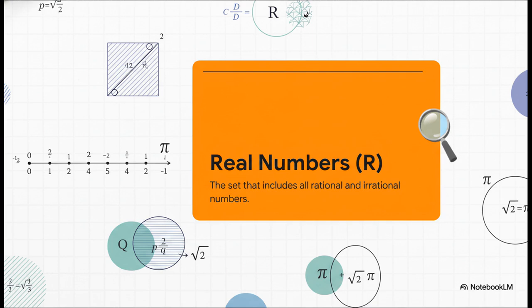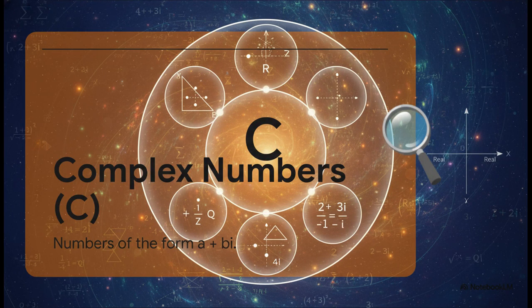Those weird and wonderful numbers like pi or the square root of 2 that you can't write as a simple fraction. And finally, at the top of the food chain, we have the complex numbers, or C. These guys actually extend our number line into 2 dimensions by using something called an imaginary unit. We won't go deep on these today, but it's good to know that this huge set contains all the other number sets we've just talked about.